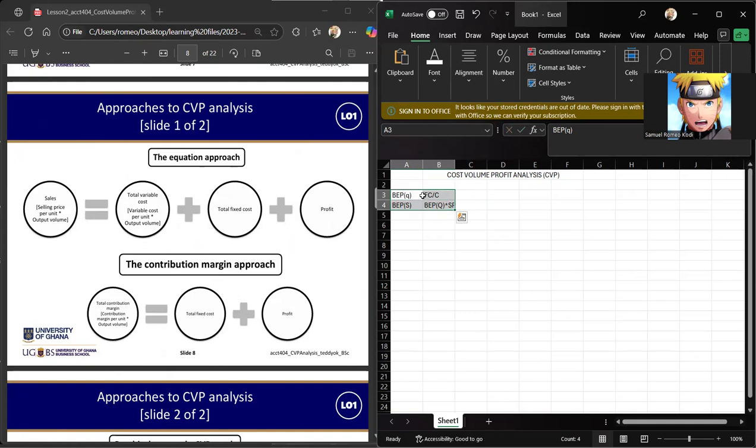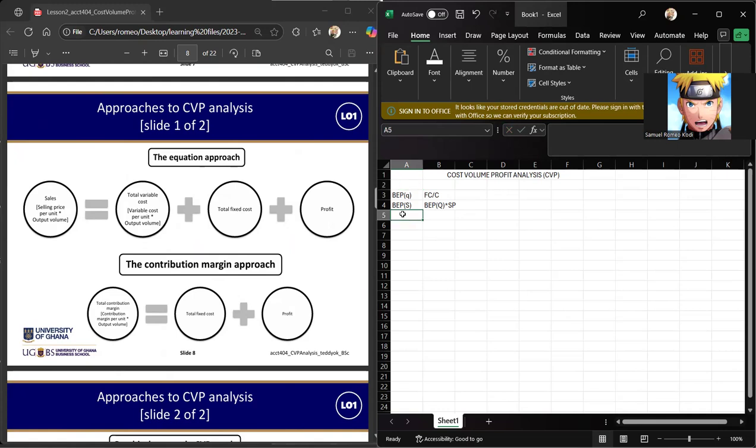So our break-even point in quantity equals fixed cost over contribution, some call it the contribution margin. The contribution margin is the selling price per unit minus the variable cost per unit. That's what gives you the contribution margin. So BEP in sales is BEP quantity times selling price.